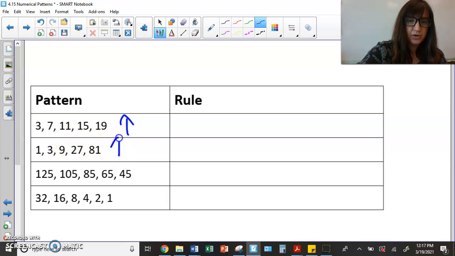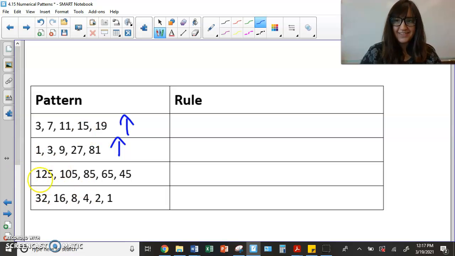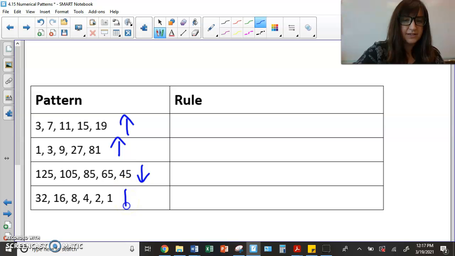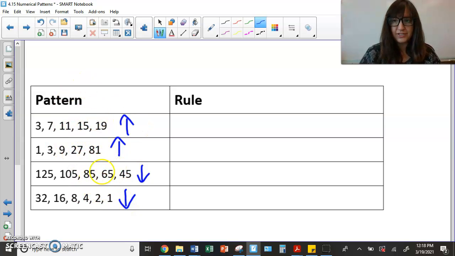So these numbers are also going up. Looking at these numbers right here, 125 to 105 to 85 to 65 to 45, those numbers are going down or decreasing. Then here I have these numbers which are also decreasing or going down. So these patterns are increasing, these patterns are decreasing.